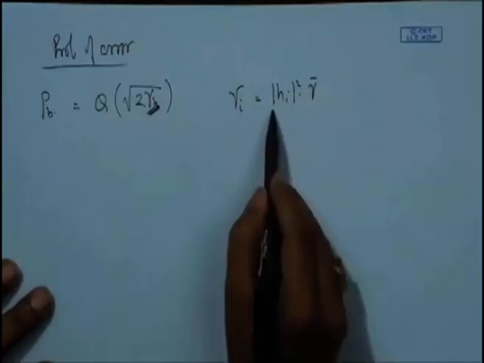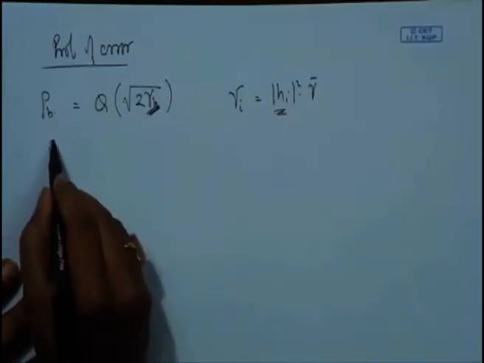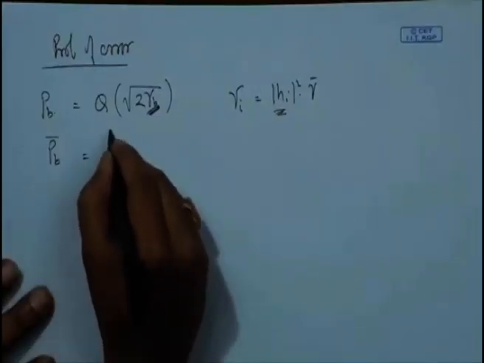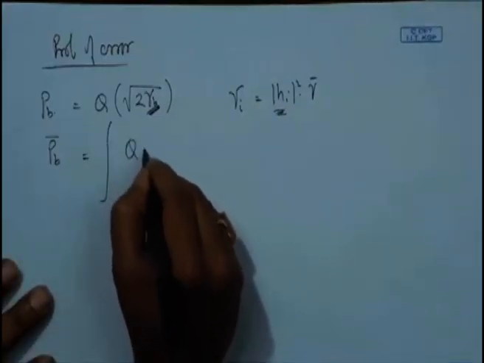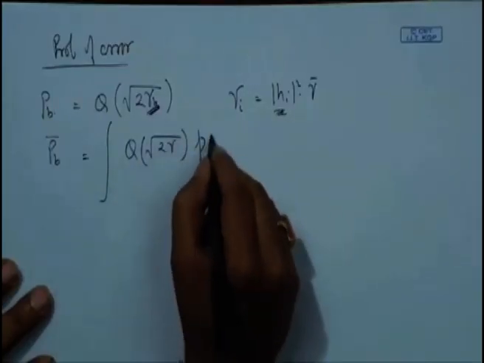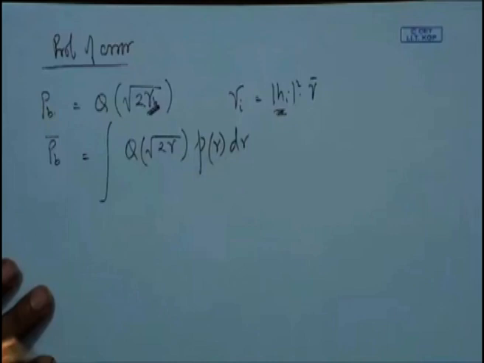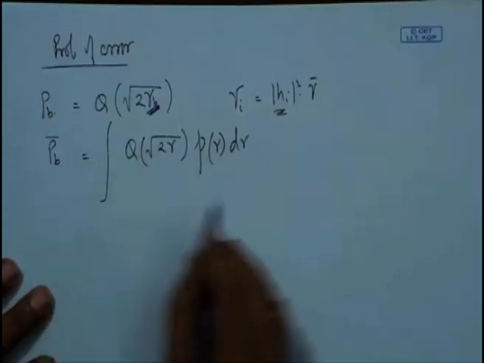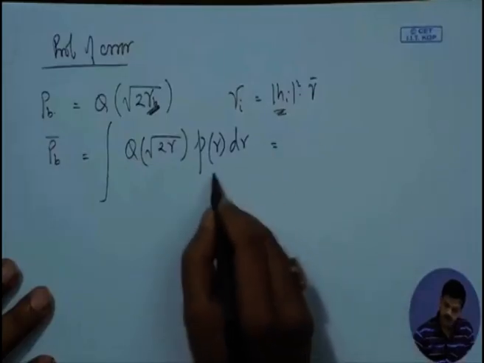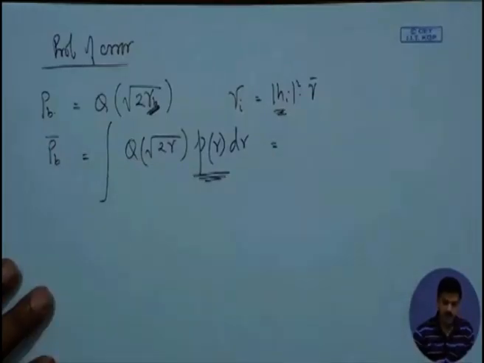Previously this was constant, now it is constantly fluctuating. So we have to get the average SNR. To get the average, we have to average the error probability with p of gamma d gamma. This is very important.